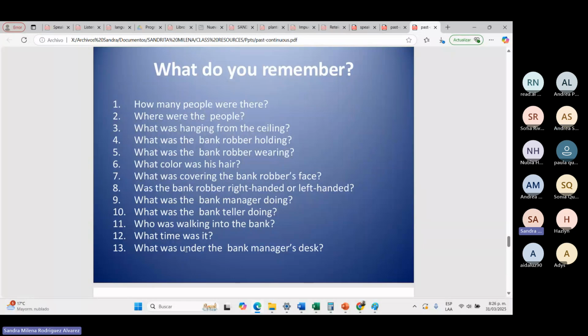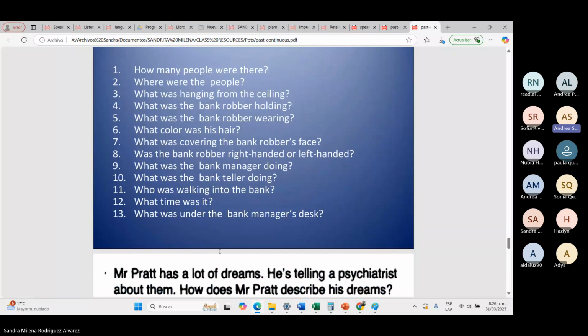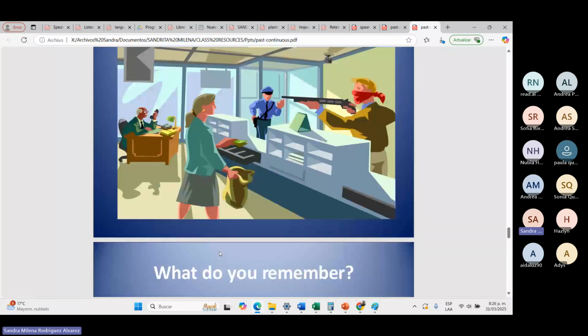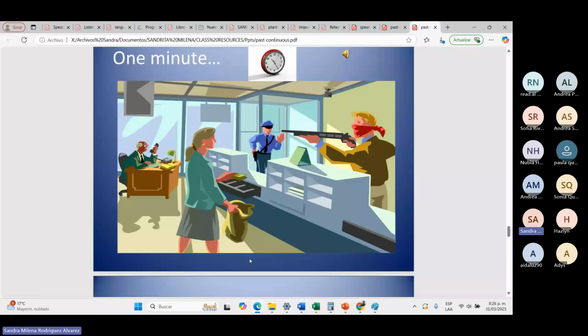What was under the bank manager's desk? Let's see. It was 10:30.